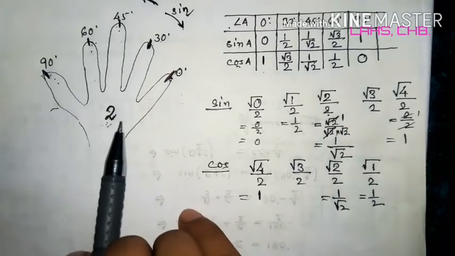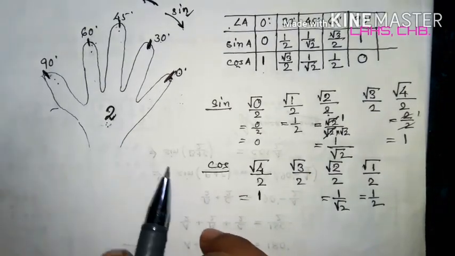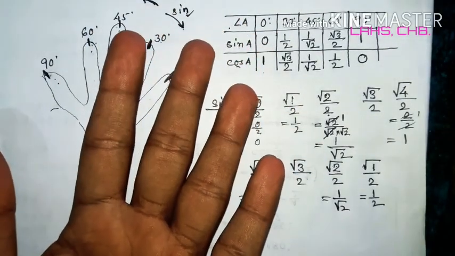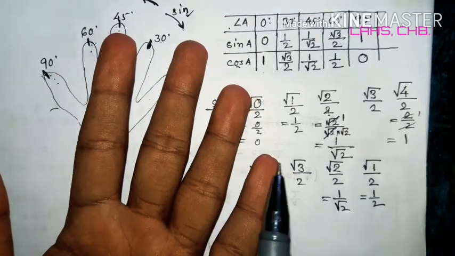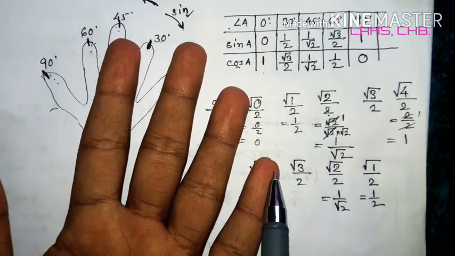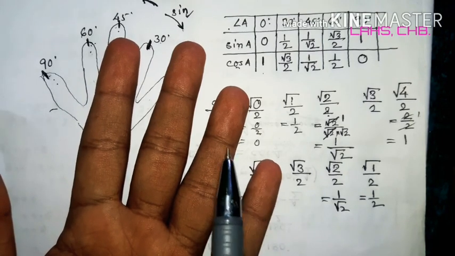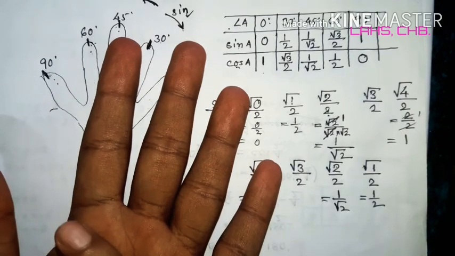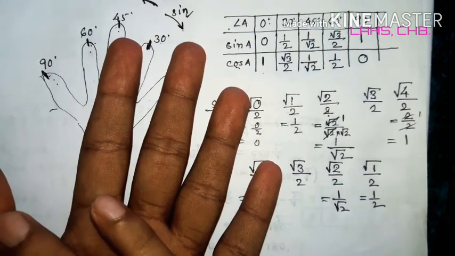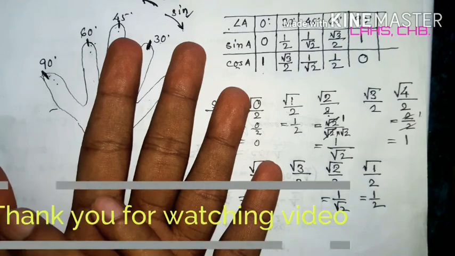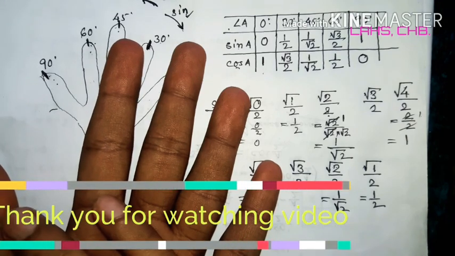But remember, just on your fingers, you can easily count the different values of sine and cos ratio. And if you know the exact values of sine and cos ratio, if these two values, sine value and cos value, are known to you, then you can easily get the different values of tan ratio. How?